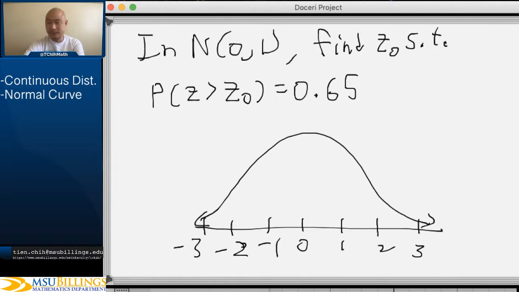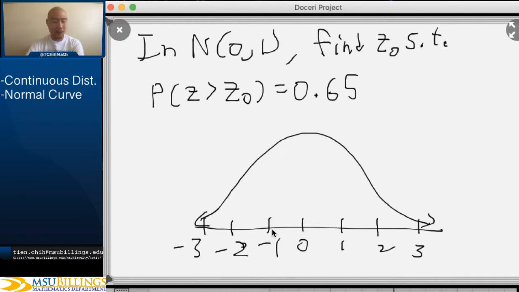We're trying to find a z naught, and z naught is going to be some value down here so that everything to the right of it is 65%. If I were to draw my line at 0, half of it would be greater than z naught. If I were to draw my line at a positive number, less than half would be above it.